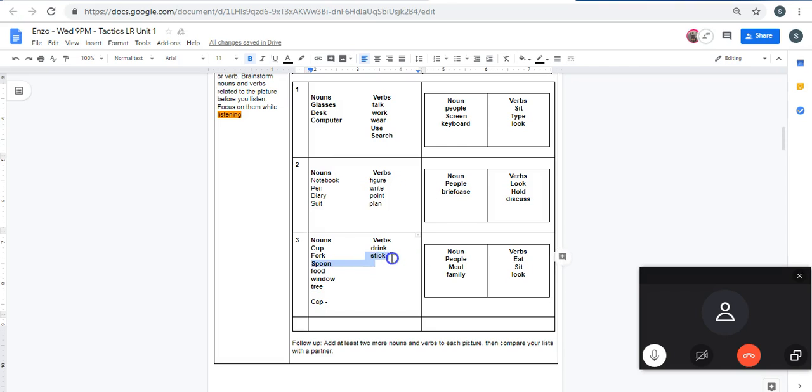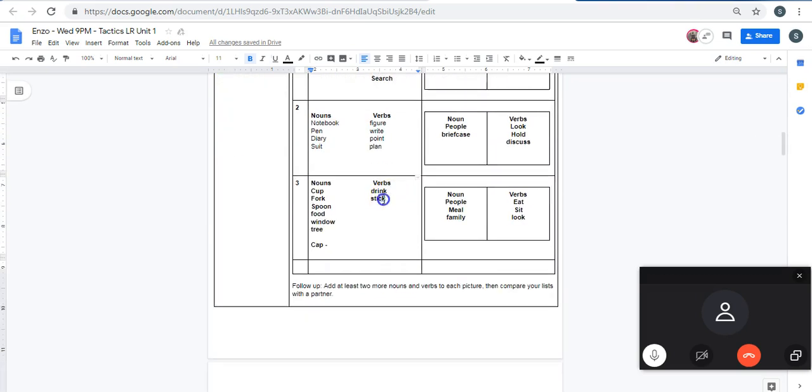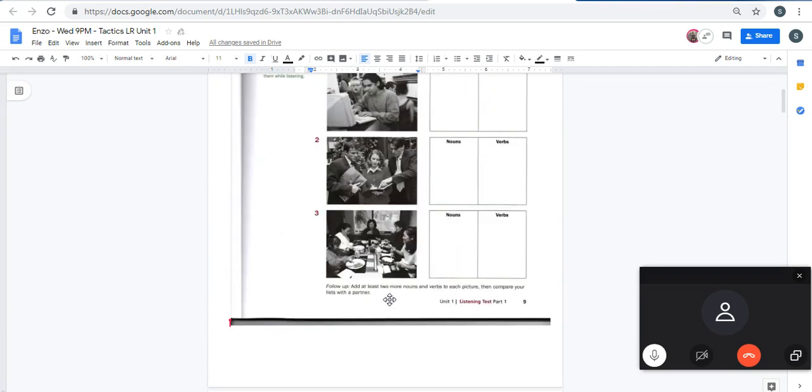And then what about the stick? I think the left woman maybe it's a stick or something, right? Stick to something, right?